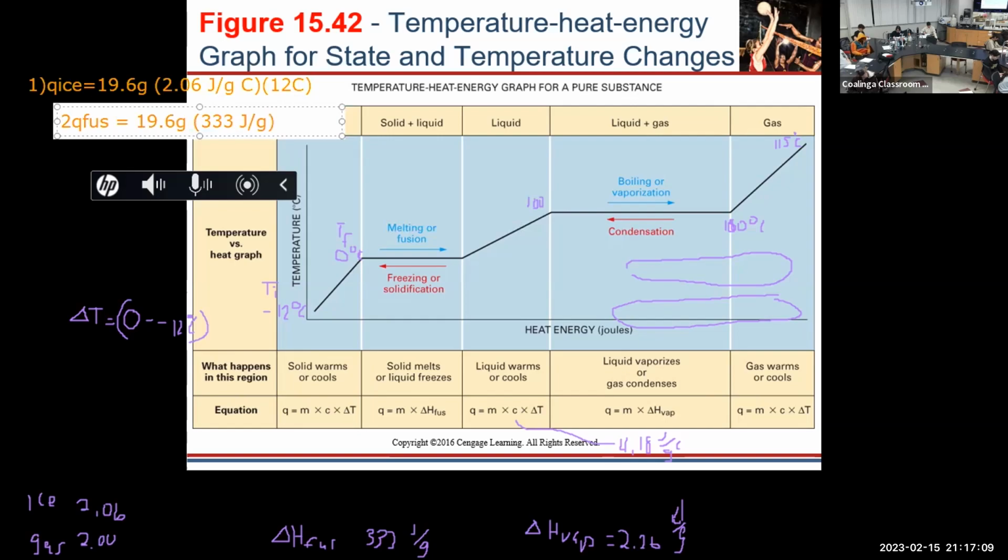So that's going to be our second column, which represents going from a solid to a liquid.